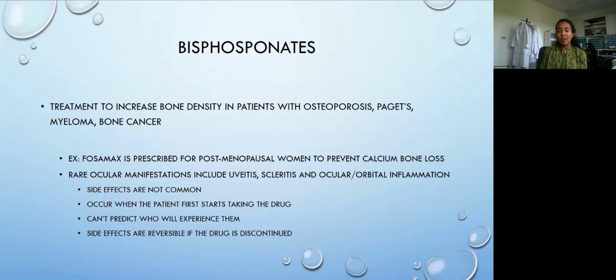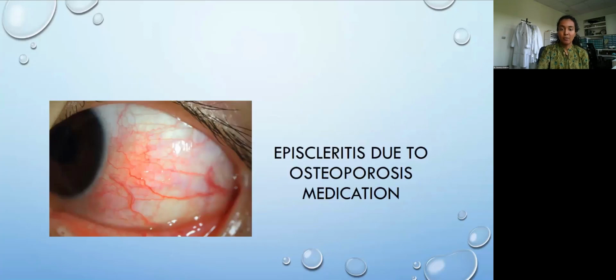These side effects are not common, and you can't predict which patient will experience them. And these side effects are reversible. So again, if their medication is discontinued, these side effects can be reversed. So here's a patient with episcleritis, and she was on the osteoporosis medication, which are bisphosphonates.